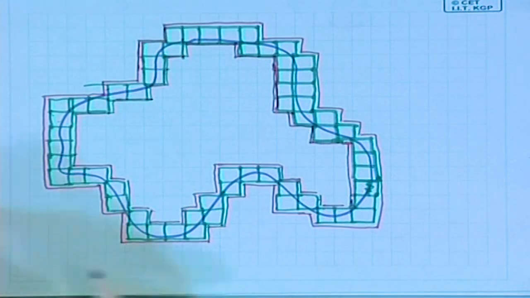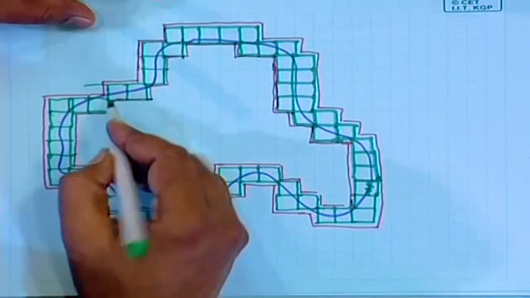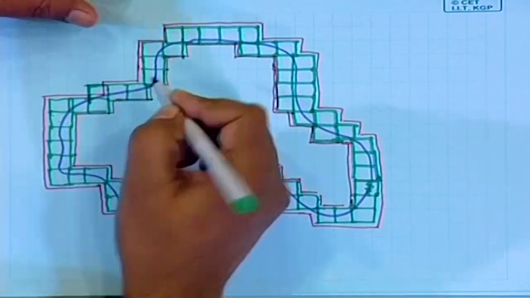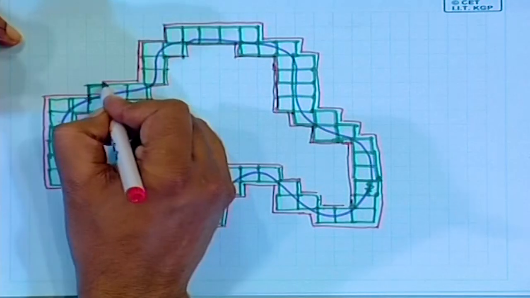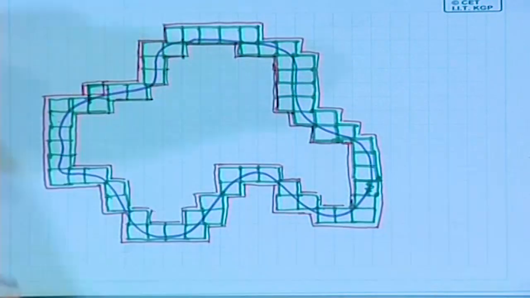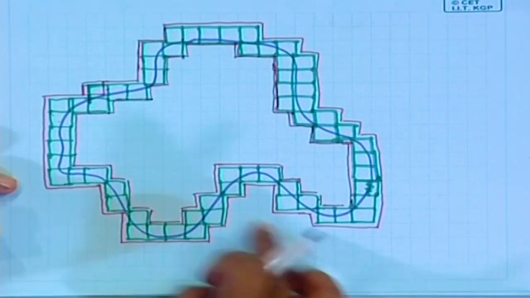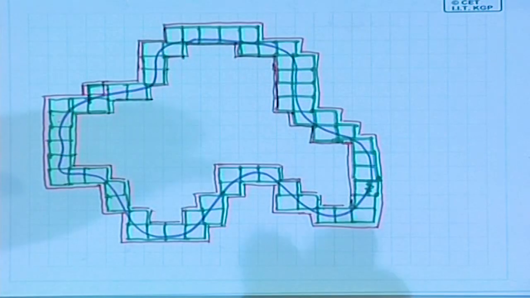This cell will also be included, so the outer wall will be like this. Right, so I have an inner wall and an outer wall.